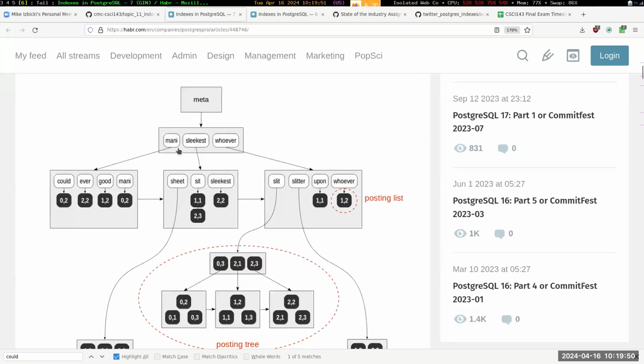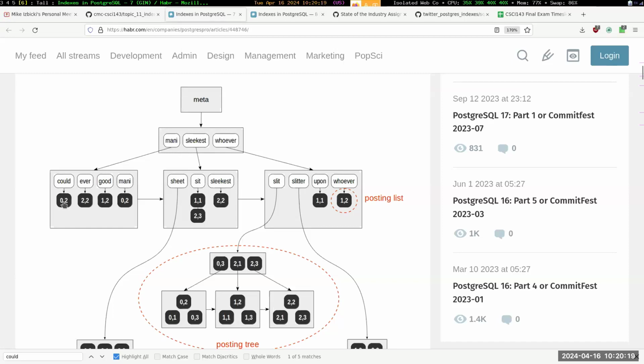When we were looking at the pictures of the B trees, not the GIN index but the B tree index, every B tree index has tuple IDs stored inside of the leaves, and every one of these individual white boxes inside of the B tree leaf contains exactly one of those tuple IDs.